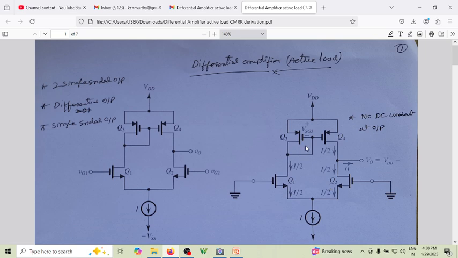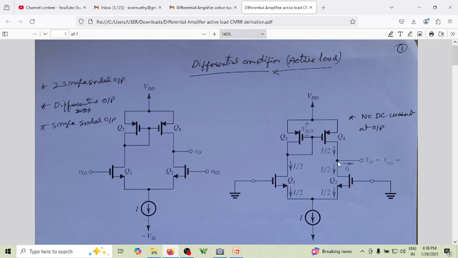And you can see this basically looks like a current mirror. Since the dimensions of Q3 and Q4 are identical, whatever current is flowing here will be mirrored here.